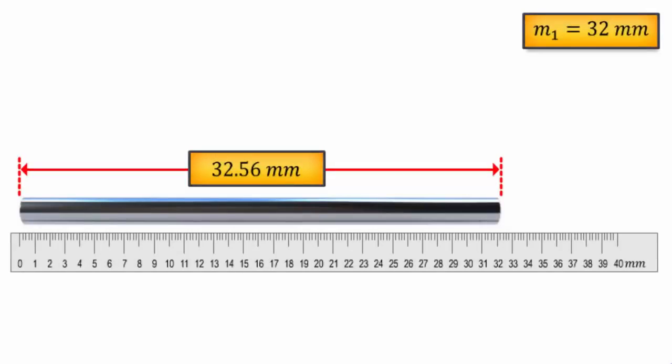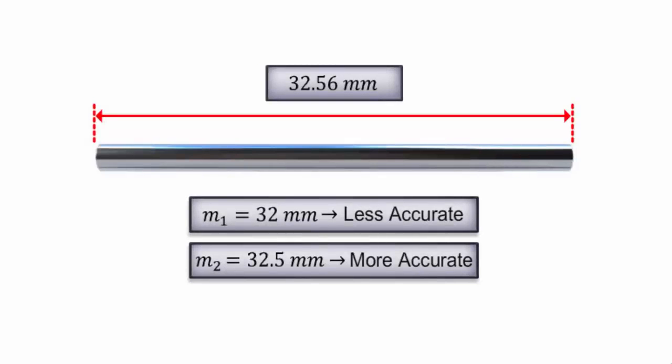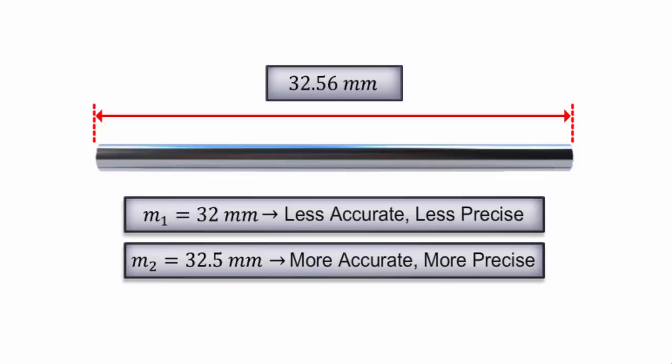Using the second instrument, with a resolution of 0.1 millimeter, we obtain the measured value as 32.5 millimeter. Let us call this M2. Here, M2 is more accurate as it is closer to the object's true value than M1. Also, M2 is more precise as the resolution of the instrument used is greater than that of the first one.